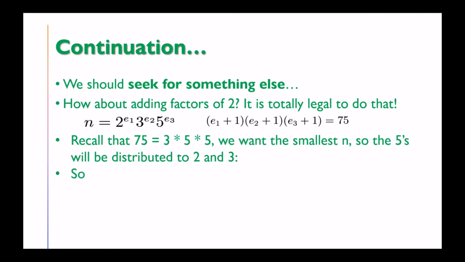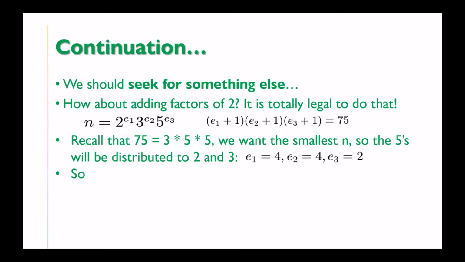And now what we need is to plug every factor into every ei plus 1. So to minimize n, we should have more factors of 2 and fewer factors of 5. Because if we multiply more 5s, n would be bigger. And the other way, if we multiply more 2s, n would be smaller.